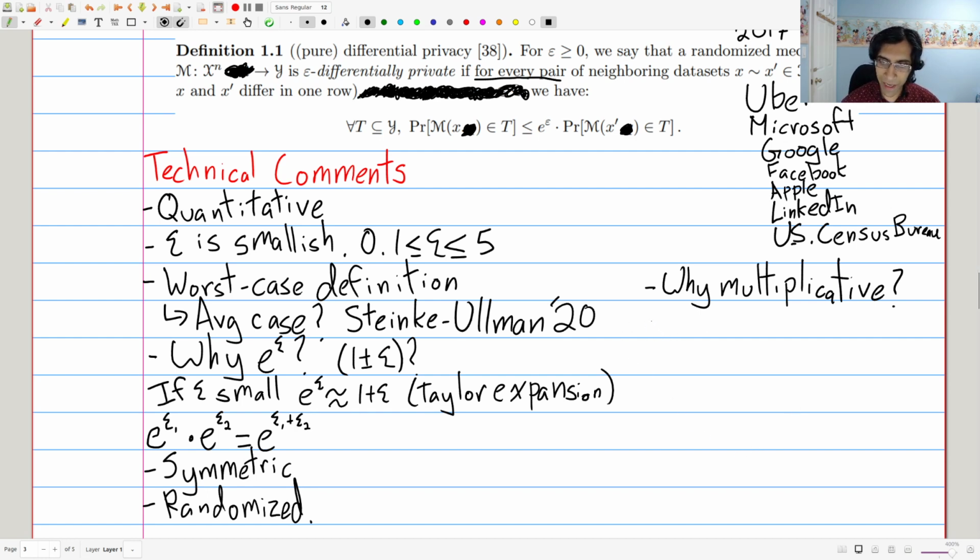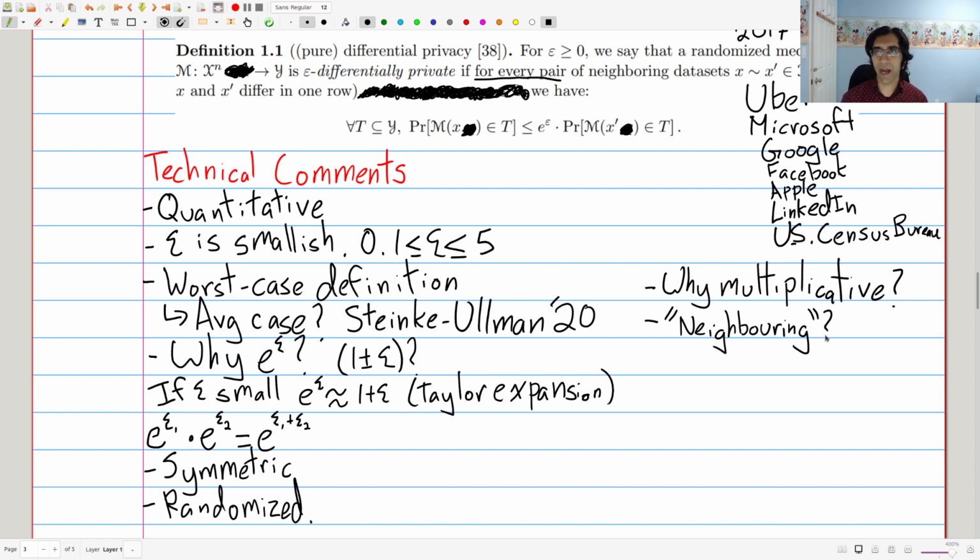And finally, the last thing we're going to do is talk about the idea of neighboring data sets. What does it mean to be neighboring? I'm going to use two different notions of neighboring interchangeably in this class. For the theory's sake, this is not going to be a big deal. In practice, you might have to actually sit and think about it and be careful, but it shouldn't be too bad to do in most cases.